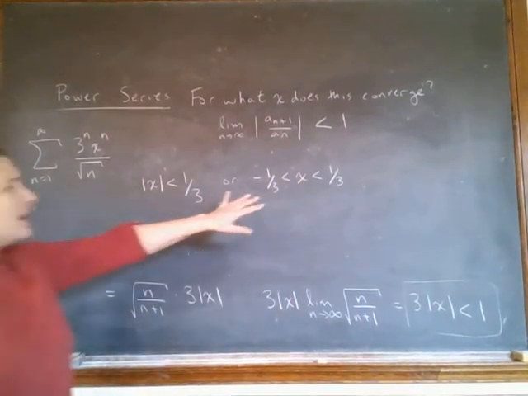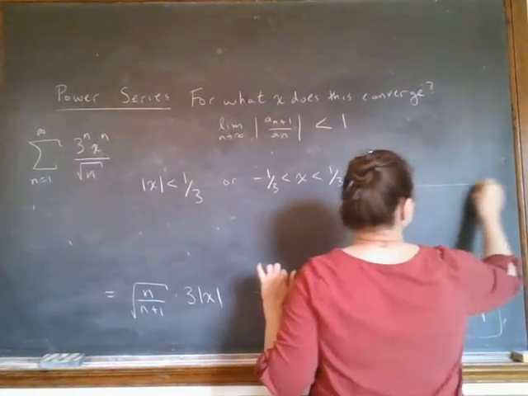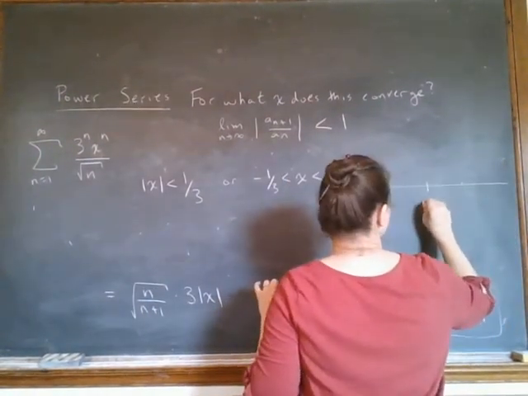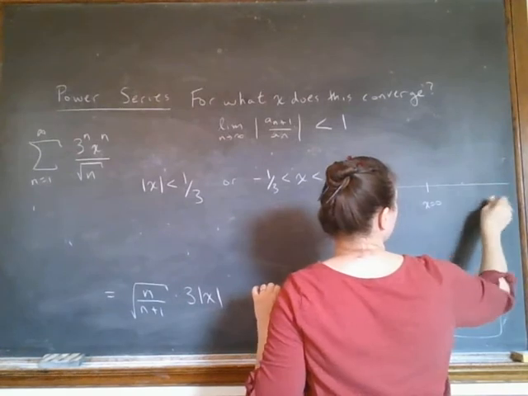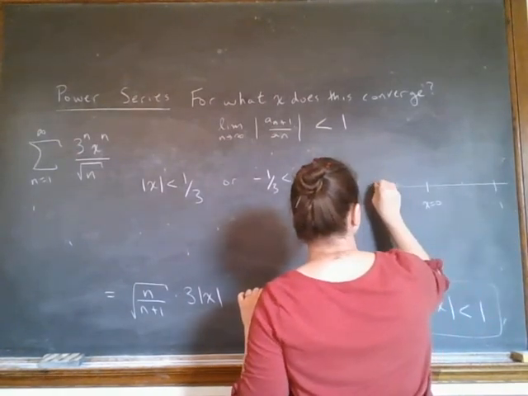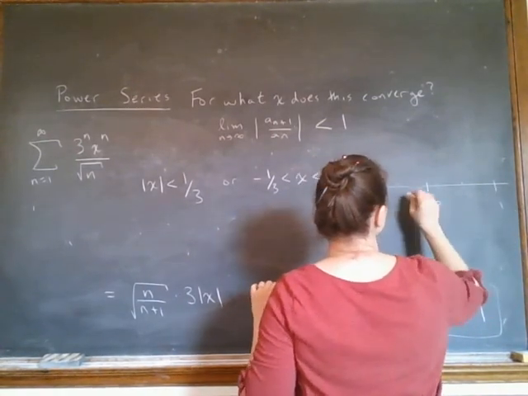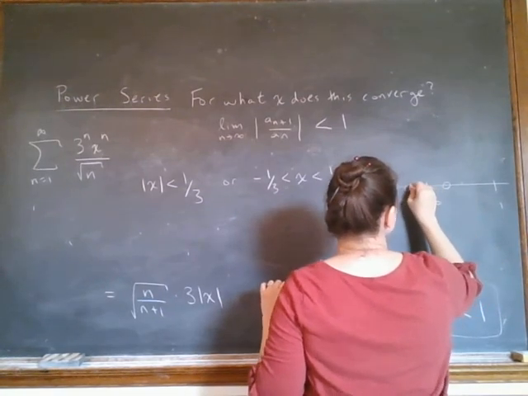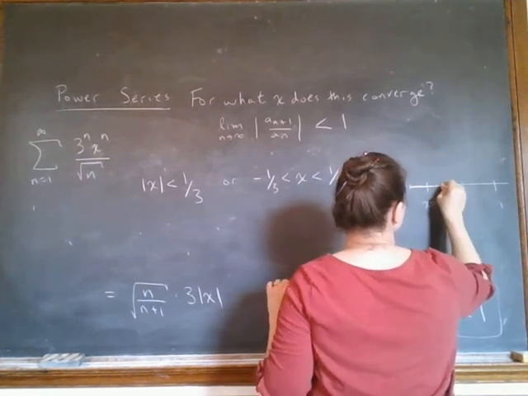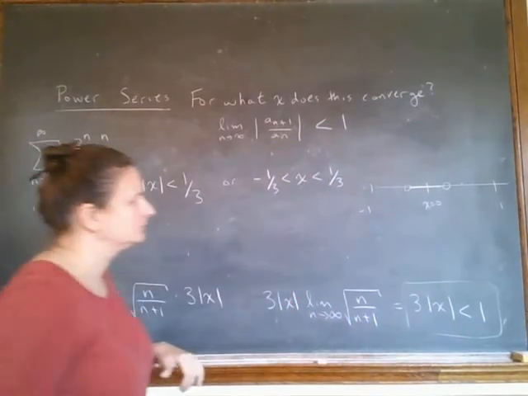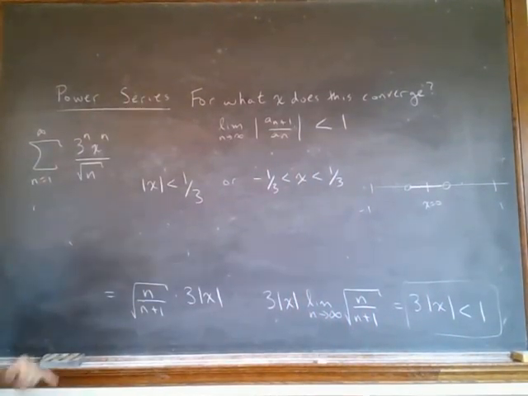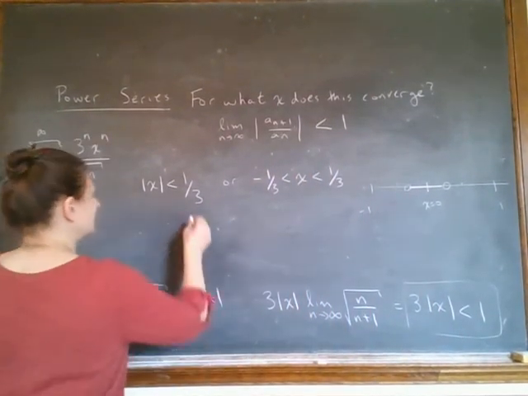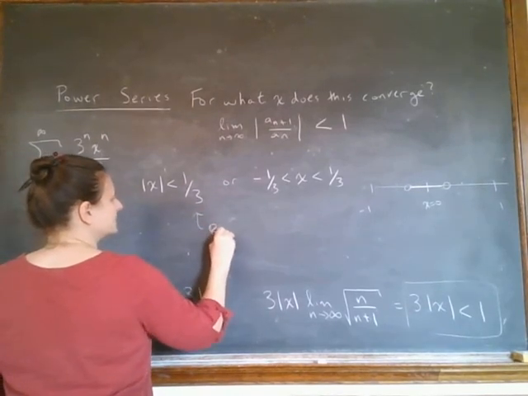If I think about this on a number line, here's x equals 0. So here's negative 1/3 and here's 1/3. So this is where I'm converging. Okay? So in other words, this has a name. This is called the radius of convergence.